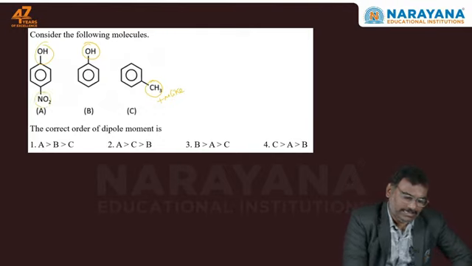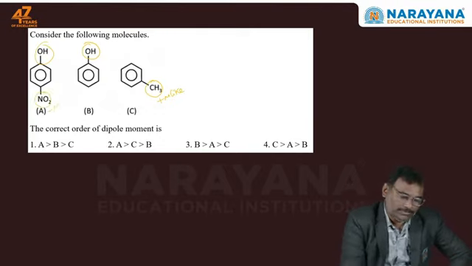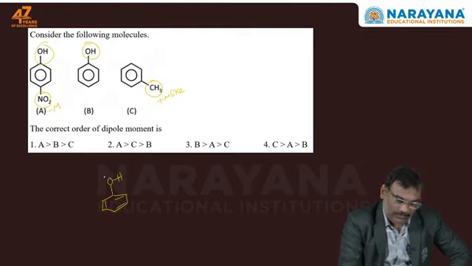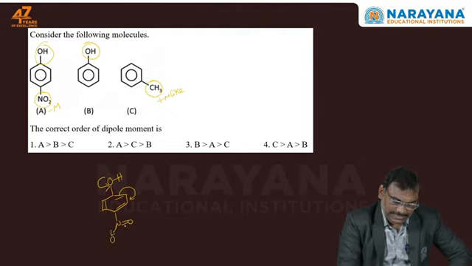But if you see molecule A, the NO2 group is a minus M group. That means electron flow is encouraged here, and this NO2 also pulls in this direction.